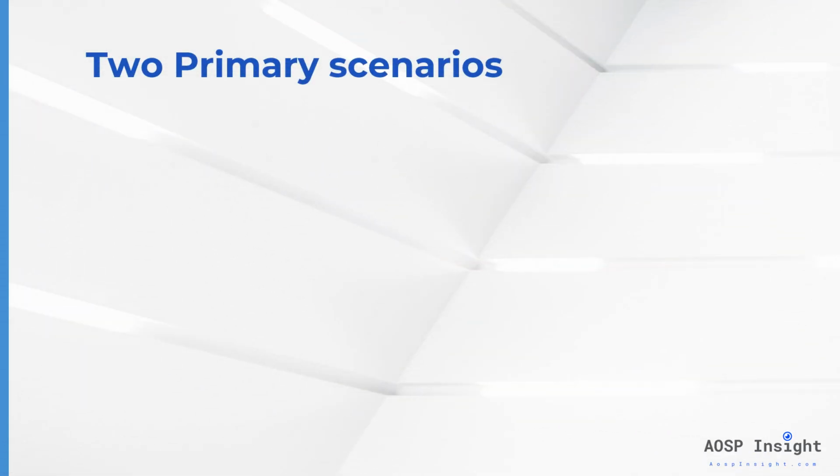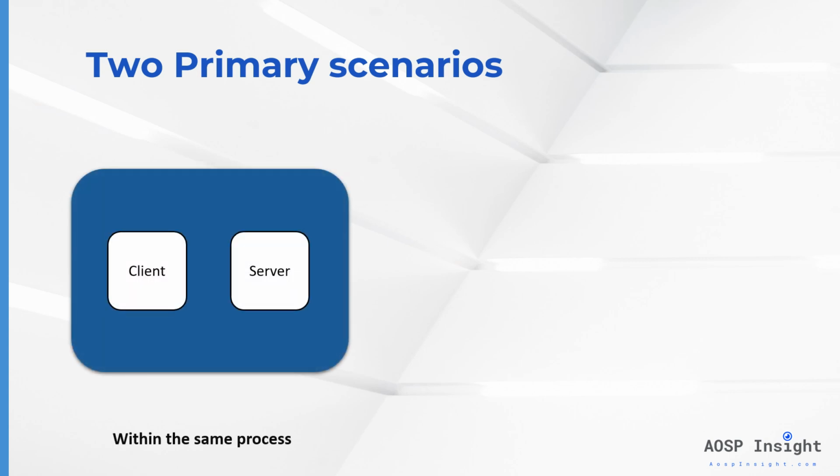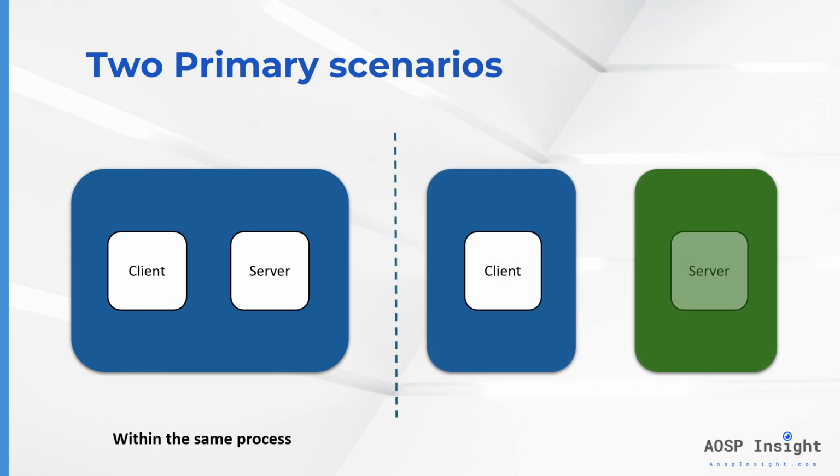There are two primary scenarios where AIDL could be used. The first scenario is having them in the same application. The caller and the server are part of the same application, meaning the interface is implemented within the same memory space, which is clear how it looks. However, the second scenario involves separate applications and separate memory spaces.